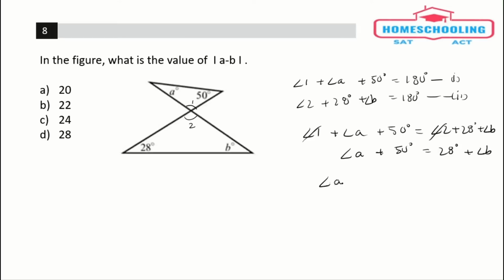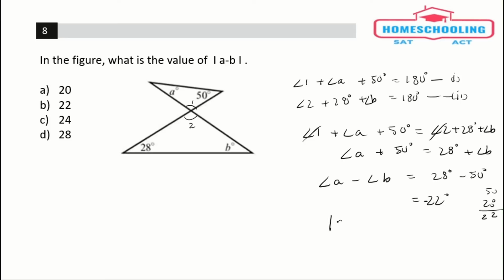So we can write this as angle A minus angle B is 28 degrees minus 50 degrees. How much would that be? 28 minus 50, that would be minus 22 degrees.